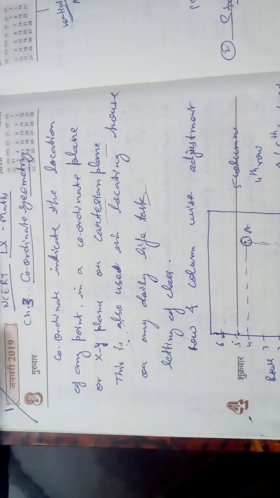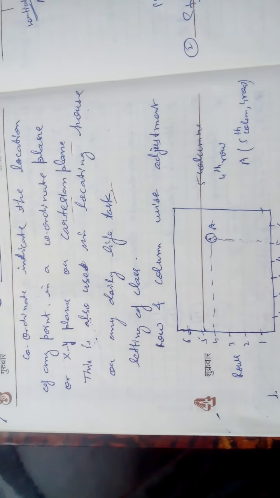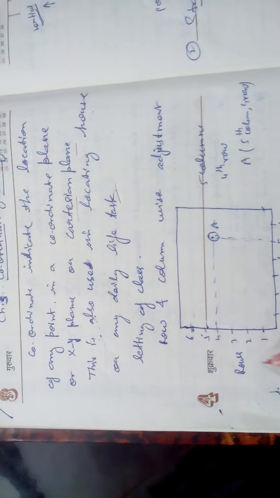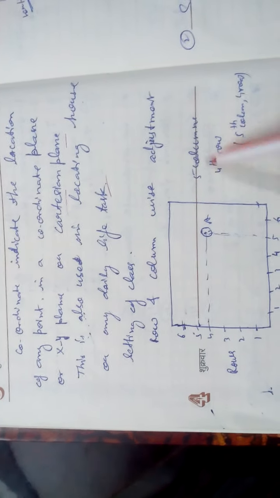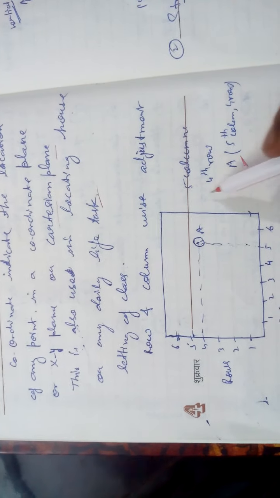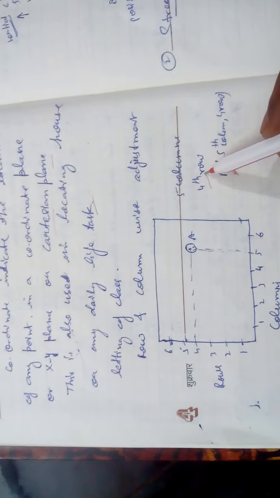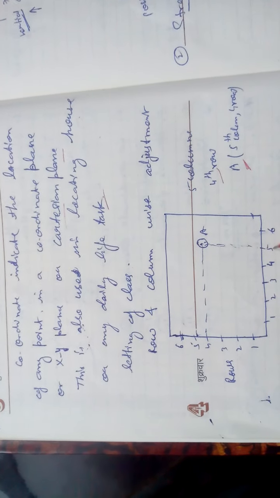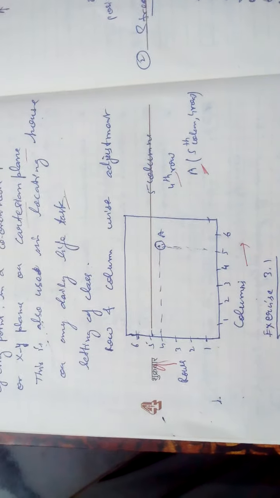So here, what are rows and columns? Suppose in the classroom you want to arrange students in 5 columns and 4 rows. A student A is sitting at the 5th column, 4th row. I am taking the horizontal line as columns and the vertical line as rows.